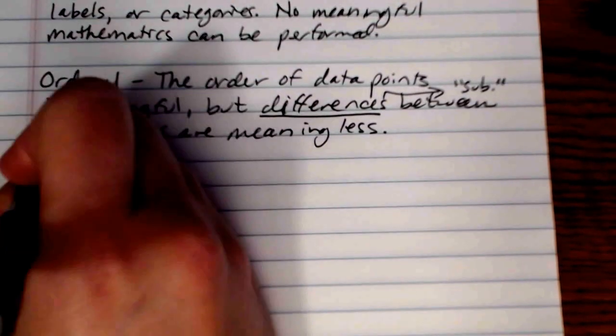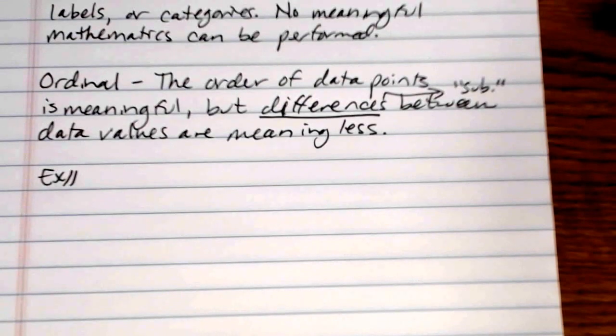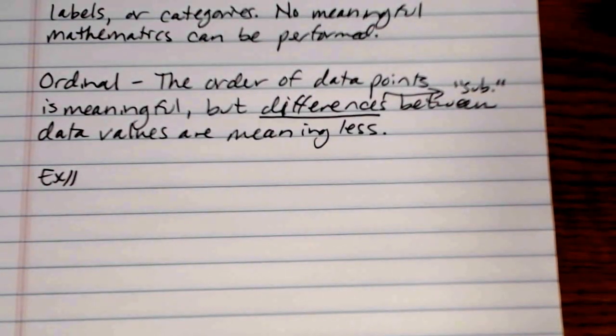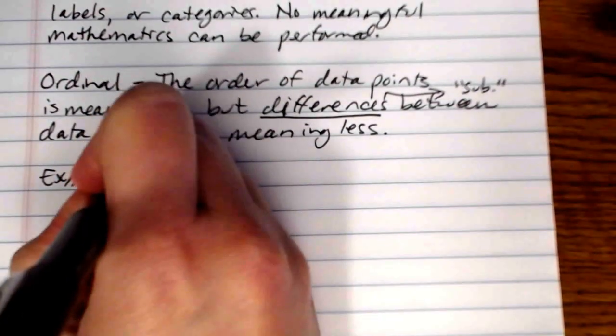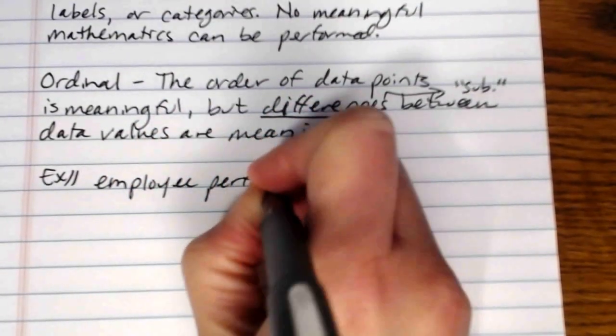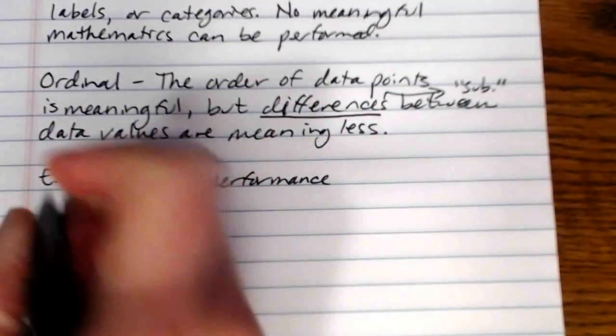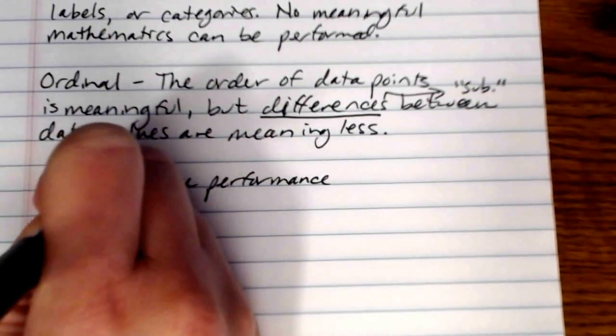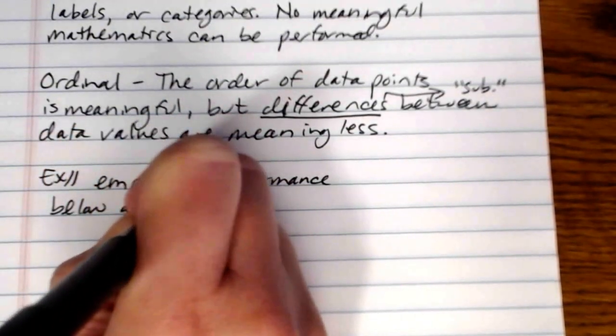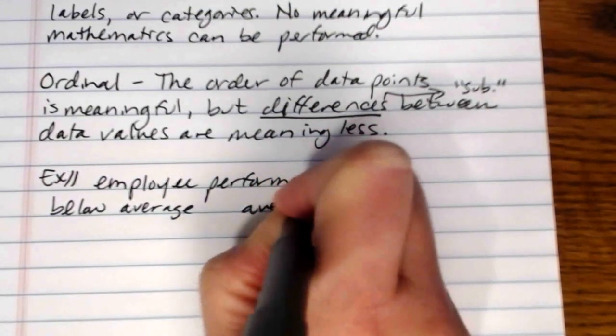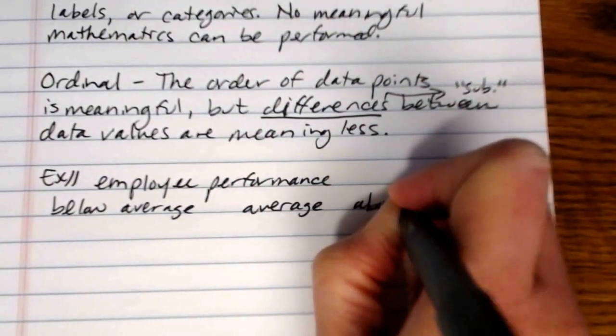So to give you an example, one of the things that frequently comes up at the ordinal level of measurement is, let's say we're measuring employee performance. And we're doing that on a scale of, let's say, below average, average, and above average.